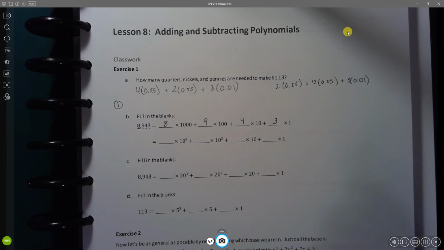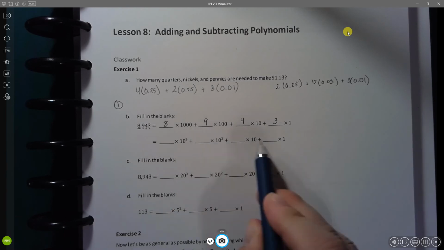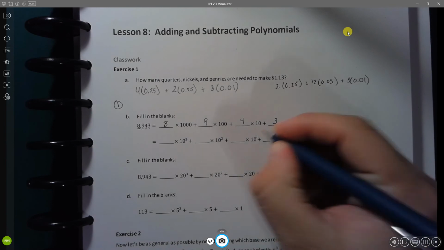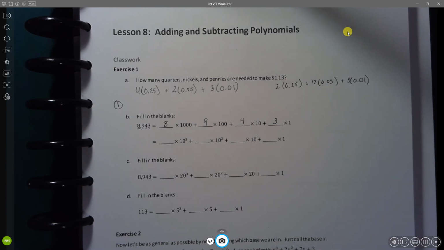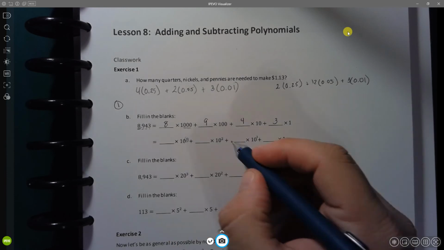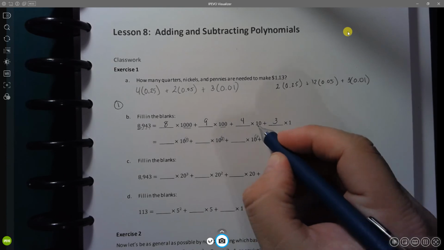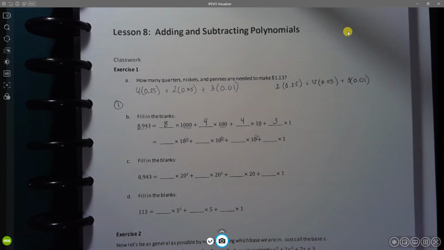Okay? Now, look at this down here, though. 10 to the third, 10 to the second, 10 to the first power, and 1. So if you look right above, 10 to the third, 3 zeros. 10 to the second, 2 zeros. 10 to the first, 1 zero. It's the same problem.